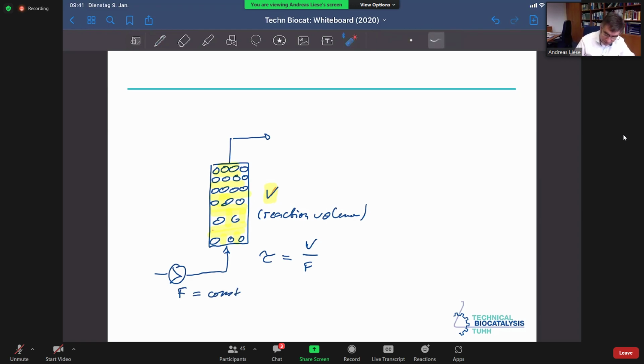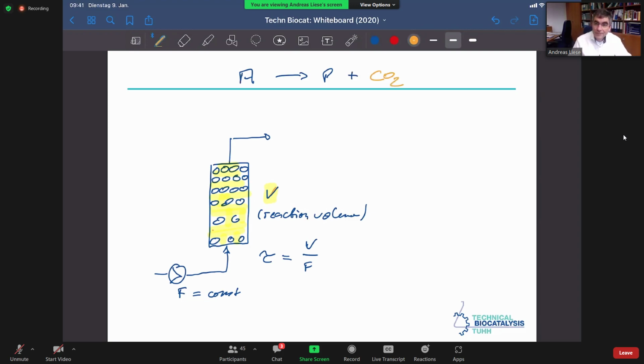What's happening is that we're generating carbon dioxide. So we have reaction A reacts to the product plus carbon dioxide.